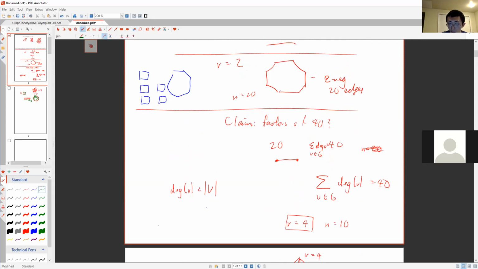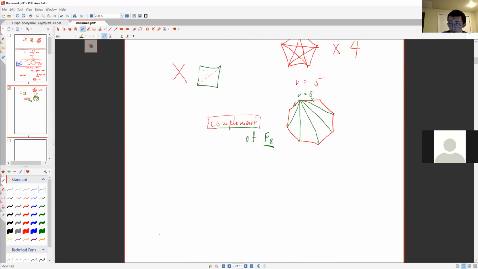So 4 cycles would work, or a 20 cycle would work. But yeah, in general for the problem, I think you can't always make it work, because let's suppose the sum of the degrees of all the vertices is some integer, maybe 100, I don't know. And then there's 50 edges and the sum of the degrees is 100, for example. So we try all factors of 100, and the way you can make it work out is if you arrange them into a cycle.